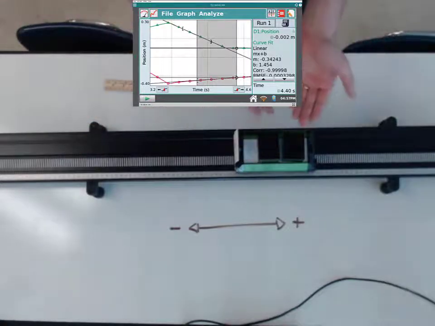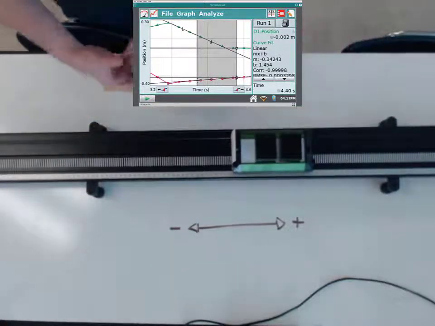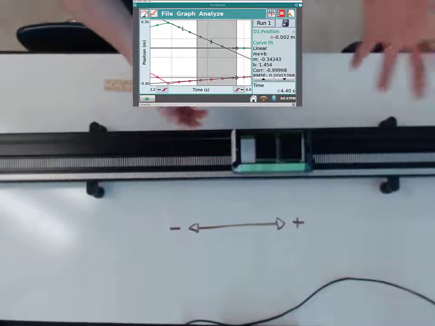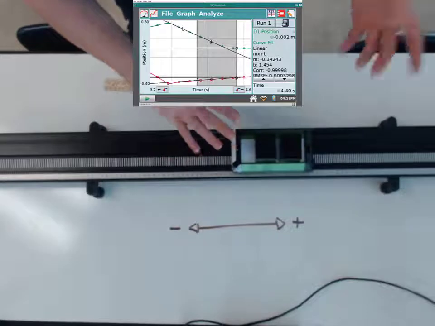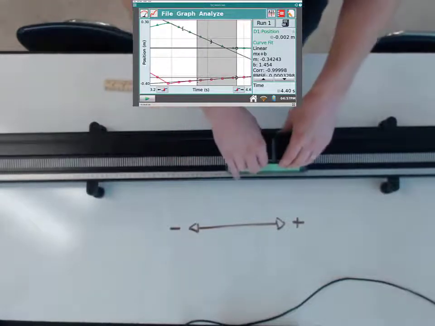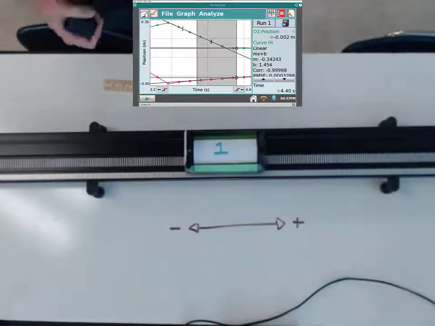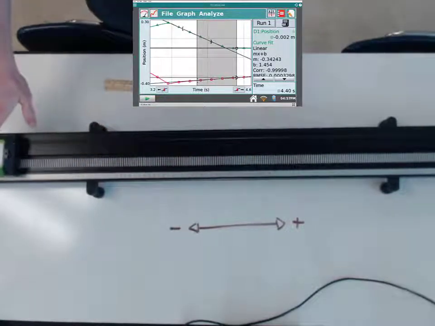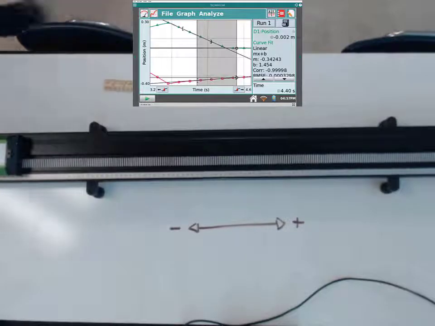So if I increase the mass drastically, then in order for momentum to be conserved, if the mass goes up, then the velocity must go down in order for it to maintain the same amount of momentum. So that's what we'll be looking at. Hopefully we can see it on the graph. This might take a few trials in order for us to notice it on the graph.